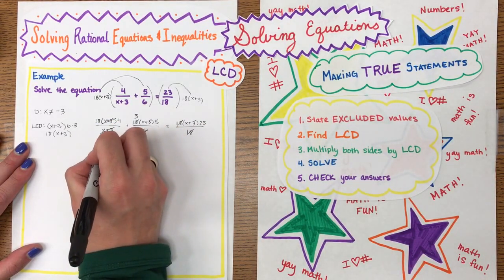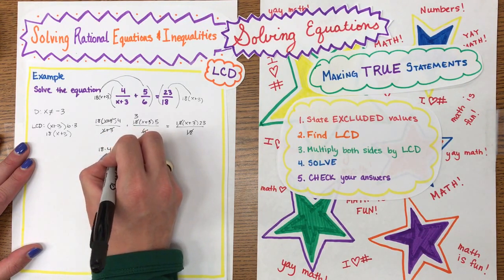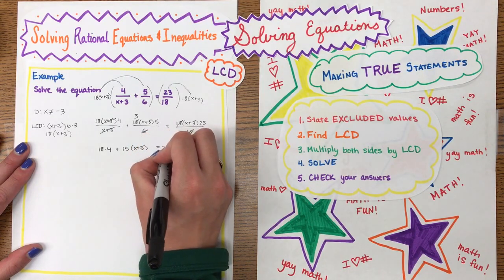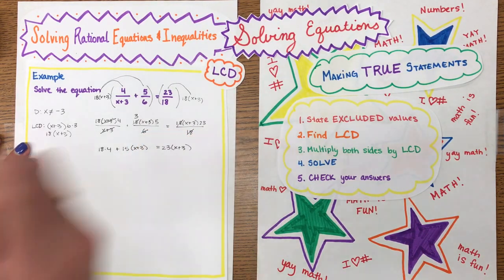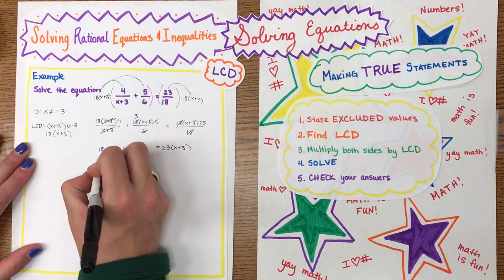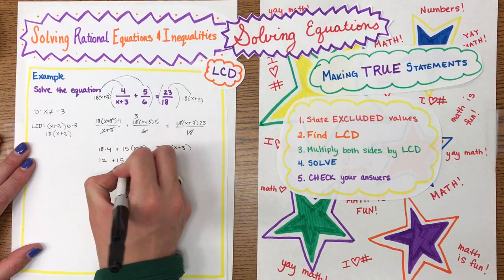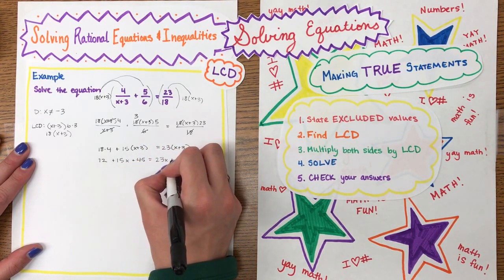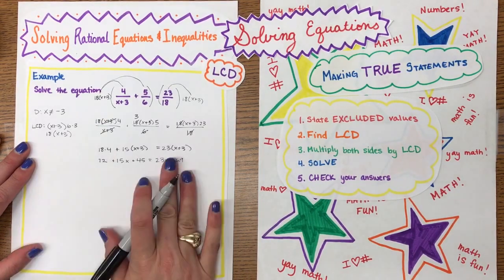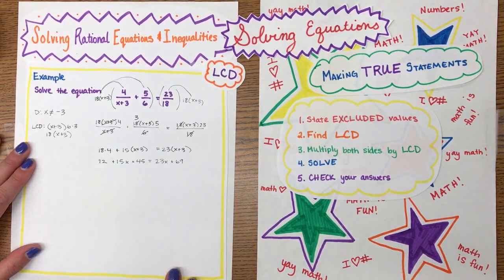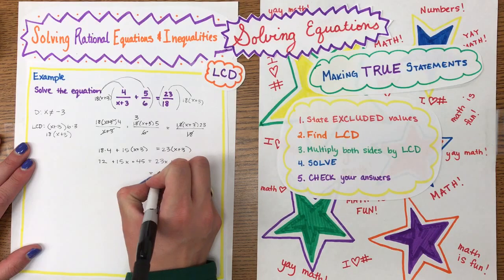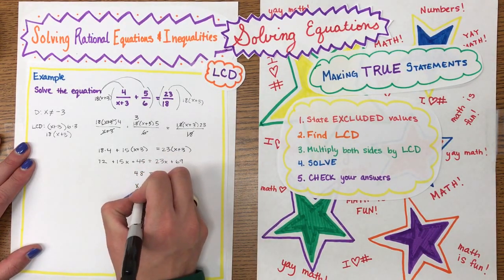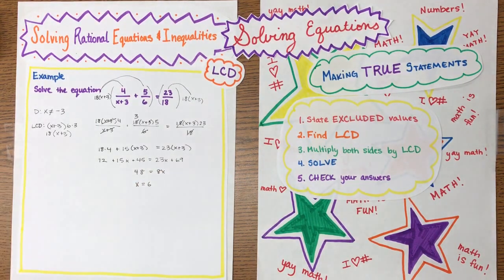So that's going to make my first term 18 times 4 plus 15 times x plus 3 is equal to 23 times x plus 3. 18 times 4 is 72 plus 15x plus 45 is equal to 23x plus 69. I'm going to gather x's on the right and I'm going to gather constants on the left. So that'll give me 8x on the right and 48 on the left, giving me x is equal to 6.